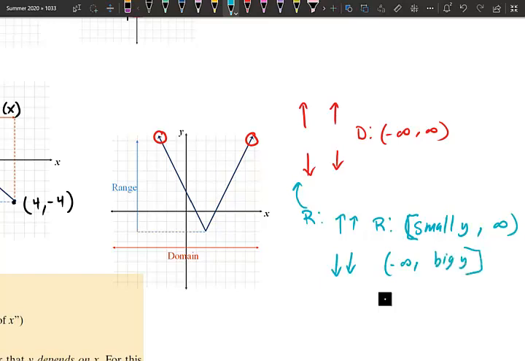And it is a bracket because it's all included. Since this is double up, our smallest y, our point here, is (2, -2). So our range is -2 to infinity.